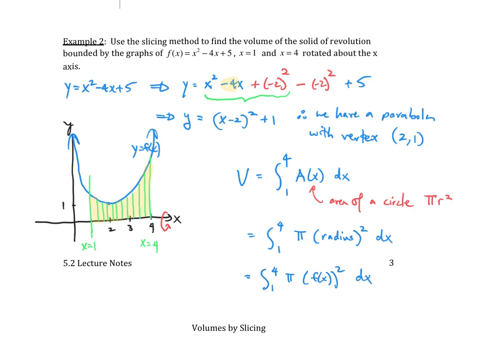Okay. And I have a formula for what my function is. They told me that my function f of x was equal to x squared minus 4x plus 5. So really, this becomes the integral from 1 to 4 of pi times (x squared minus 4x plus 5) quantity squared dx.